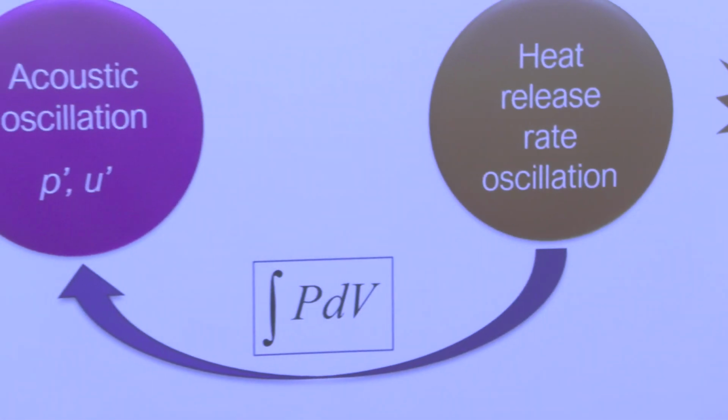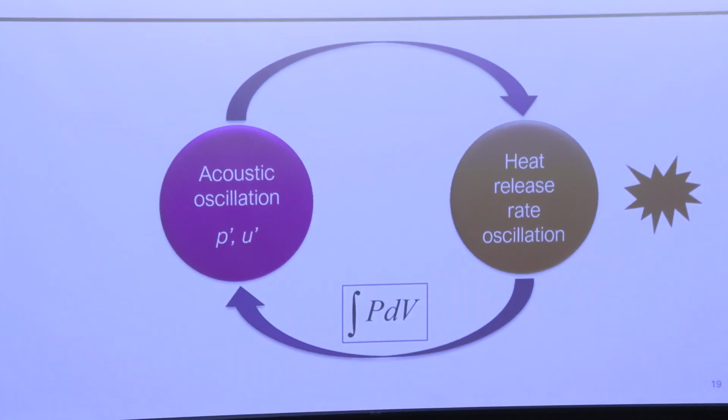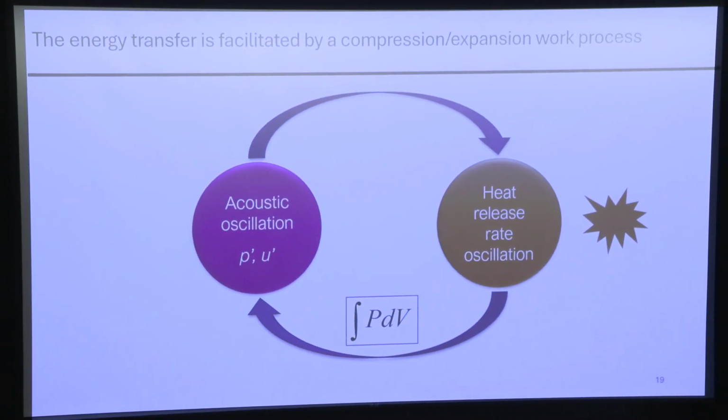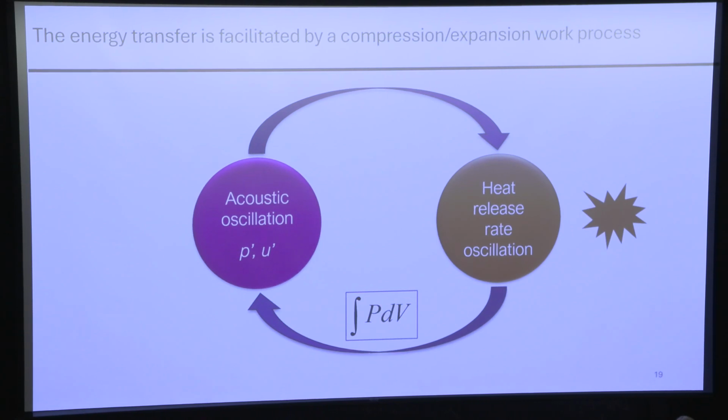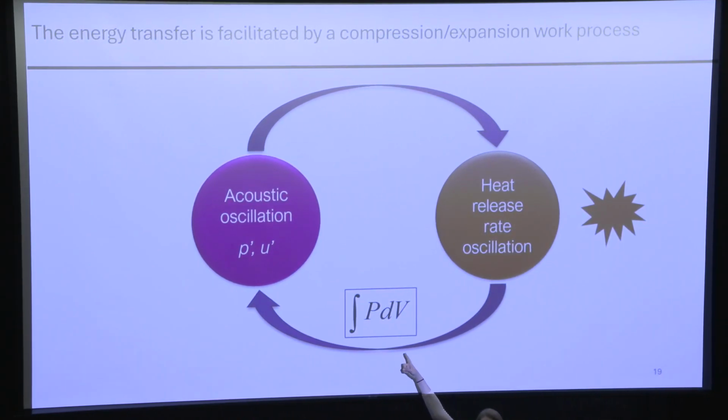As heat is released, the density goes down, the volume goes up, you get an expansion. That expansion pushes on the air around it and does expansion compression work. Or, I don't know how you'd kick a flame and have it be too cold, but if you had a cooling event, then you'd have a compression and you'd still have the same type of work.